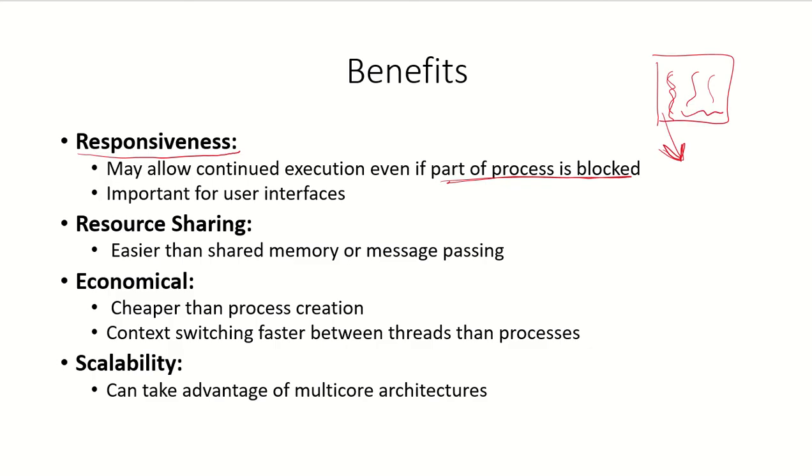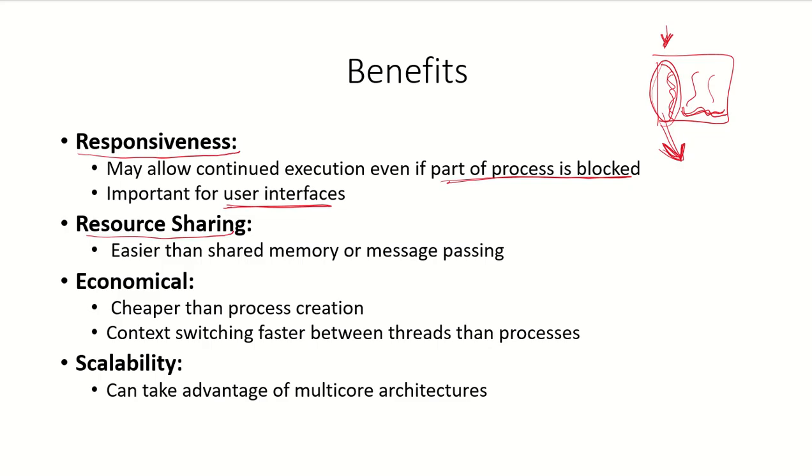So other jobs of the process can be continued even if one subtask is currently blocked. This is important for user interface. If one service is being processed by a particular thread and it has blocked waiting for input or output, other threads can still continue listening to user requests.